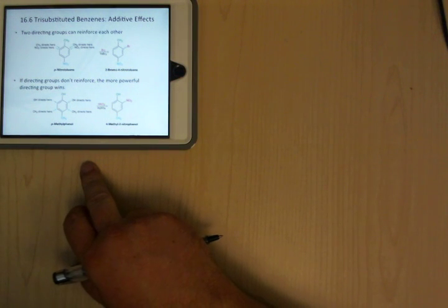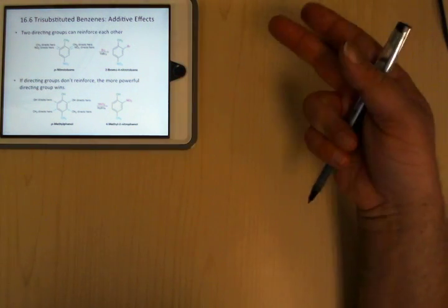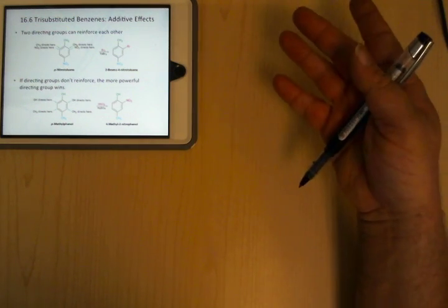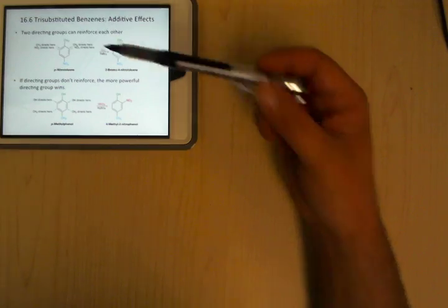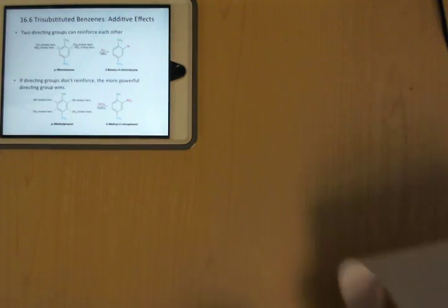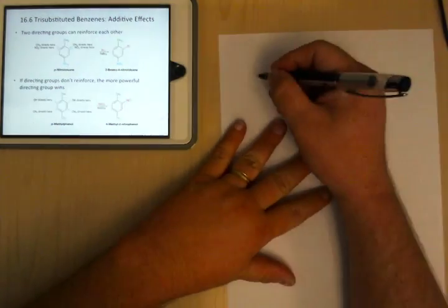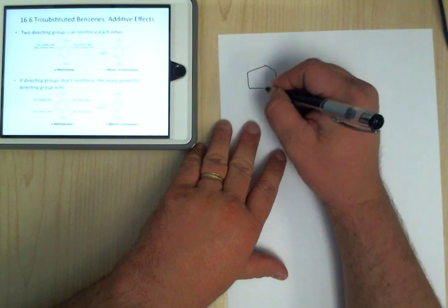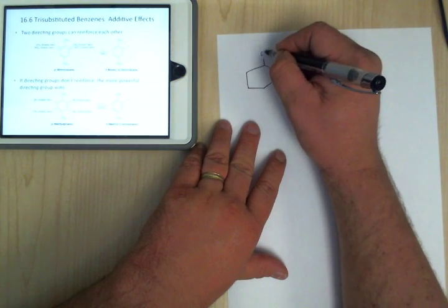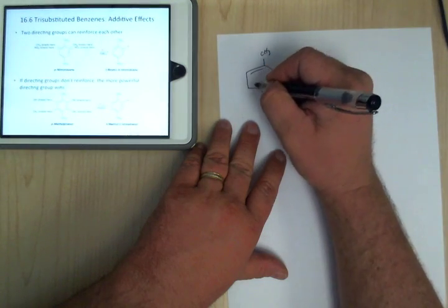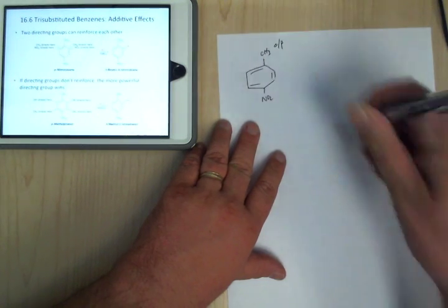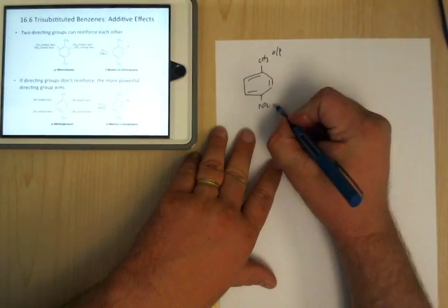Okay, now what if you already have two groups on there? We talked about having one group on there. That's pretty easy. What happens if you have two groups on here? So it's pretty nice if they can be. So CH3 and NO2: this is ortho para, and this is meta.